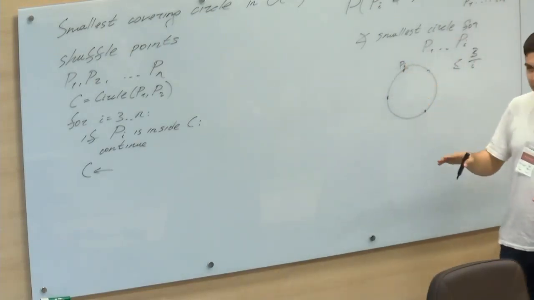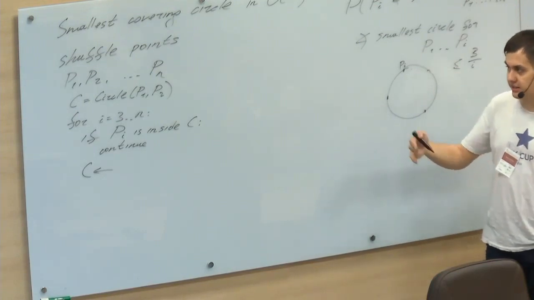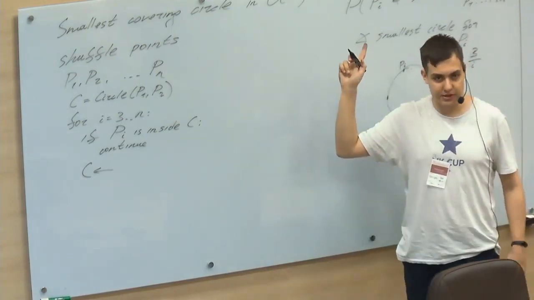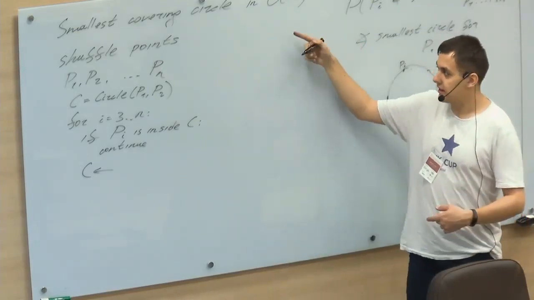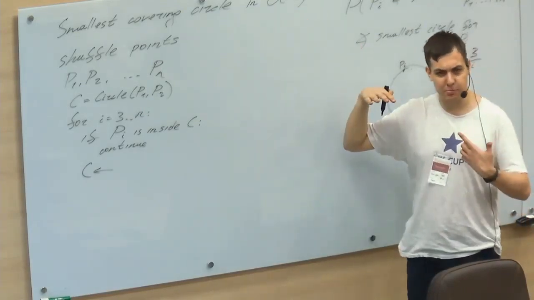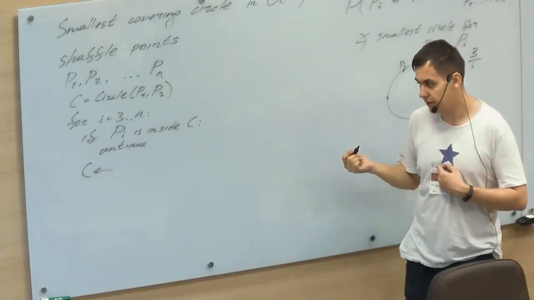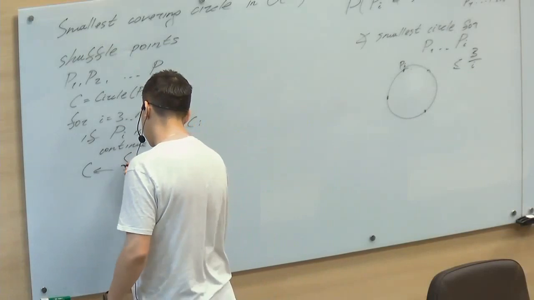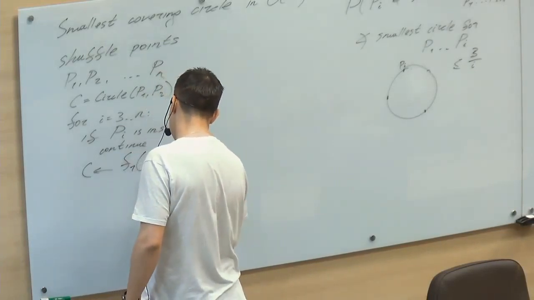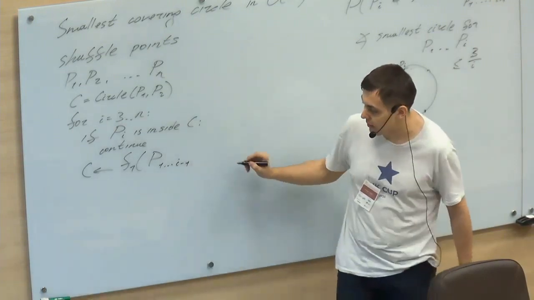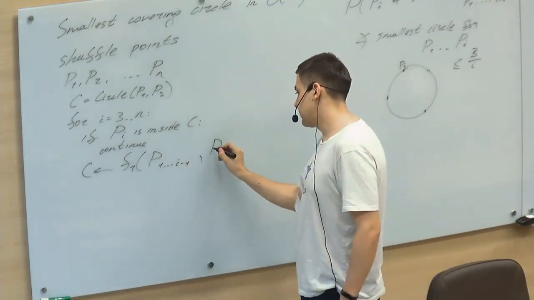So we'll have another function that finds the smallest circle that covers the set of points, and we have one more point that must be on the border of the circle. Let's call it F1. So we have the first points from 1 to i minus 1, and we have this Pi.